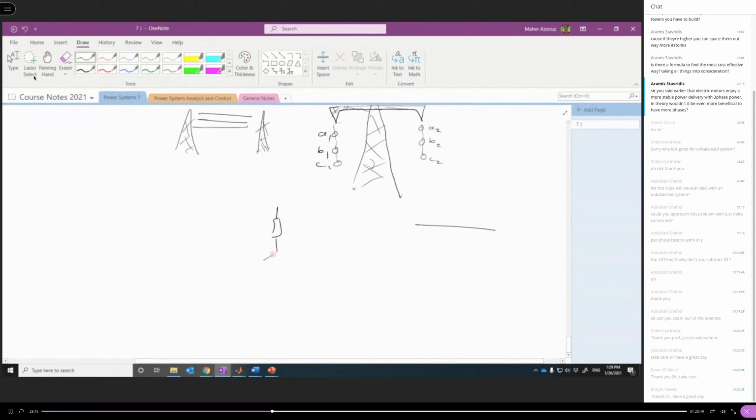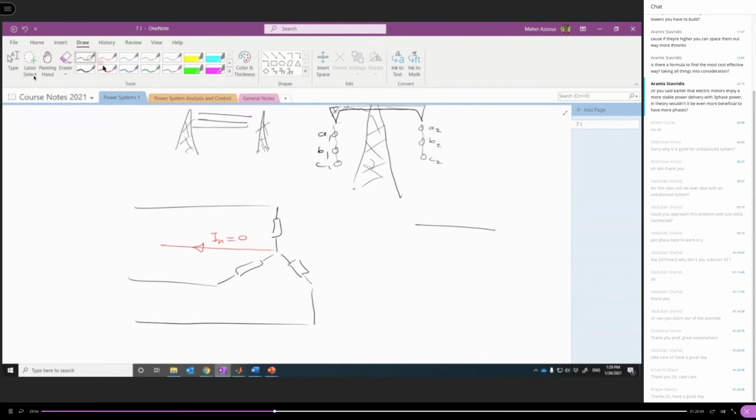So if we have the load connected like this, if you remember, the first advantage of the 3-phase system is to reduce the number of wires. Okay, if the system is balanced, then the current through the neutral wire, the returning current, will be 0.